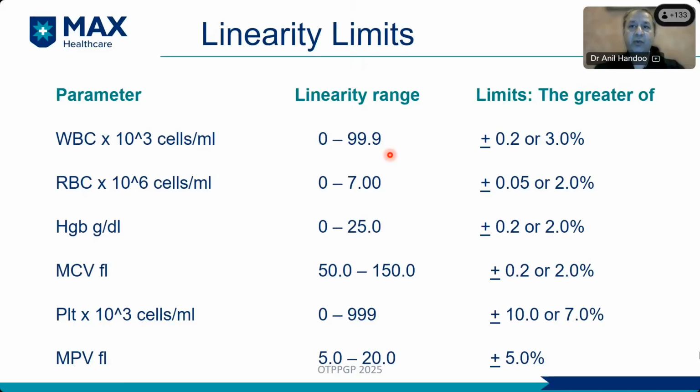It may actually be 200 or 300, because my linearity has been exceeded well beyond the numbers that I got here. And therefore my counts may not be reliable. So knowing about linearity limits is also very, very important. It may not sound like a direct flag, but it is a kind of flag which one needs to keep in mind.